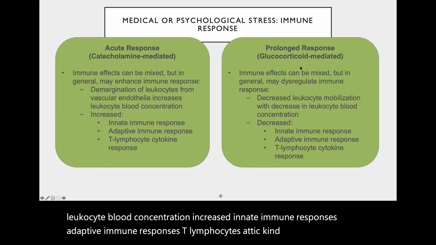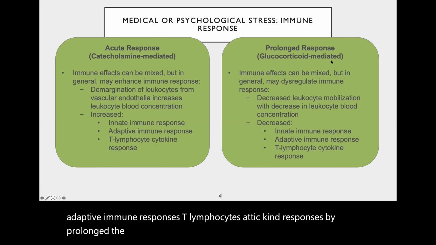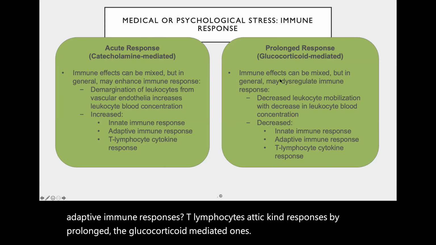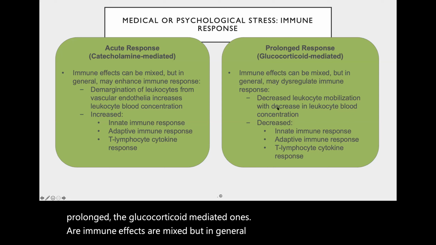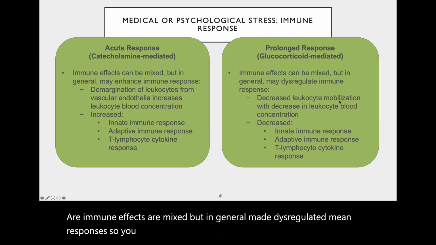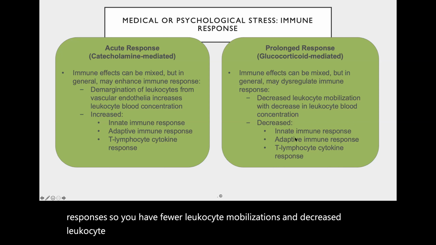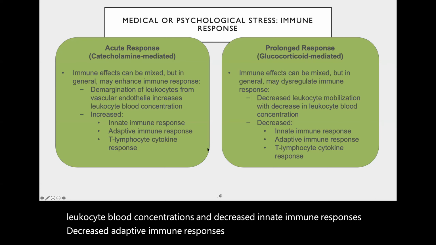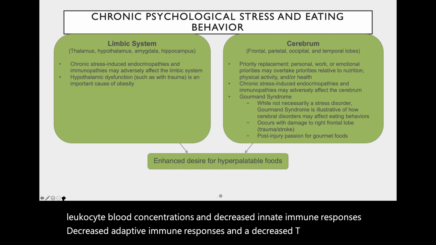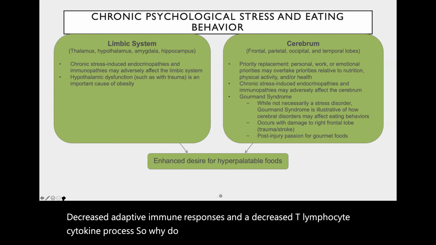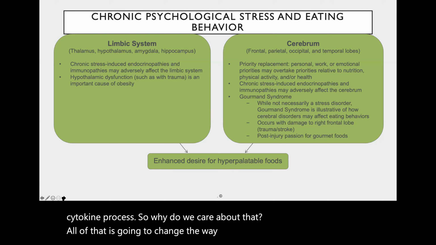But with prolonged stress, the glucocorticoid-mediated immune effects are mixed, but in general may dysregulate immune responses. So you have fewer leukocyte mobilizations and decreased leukocyte blood concentrations, decreased innate immune responses, decreased adaptive immune responses, and decreased T lymphocyte cytokine processes. So why do we care about that? Well, all of that is going to change the way that you use energy.